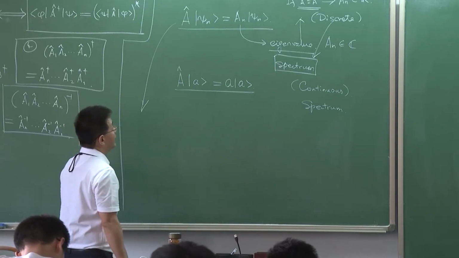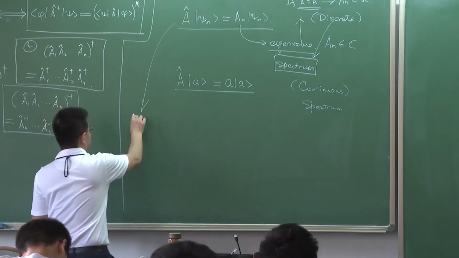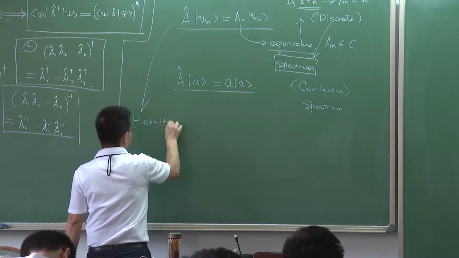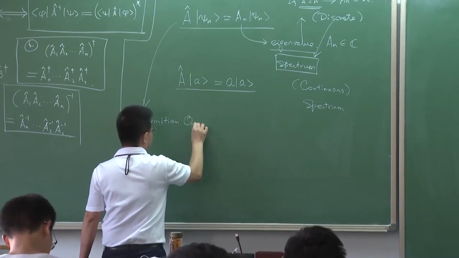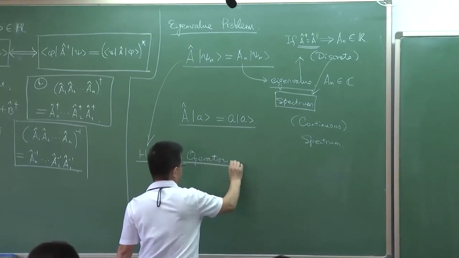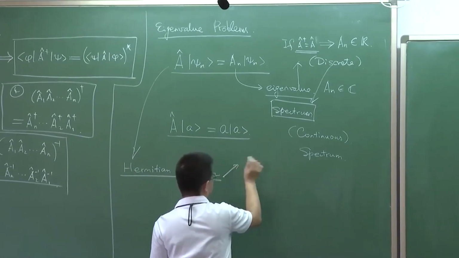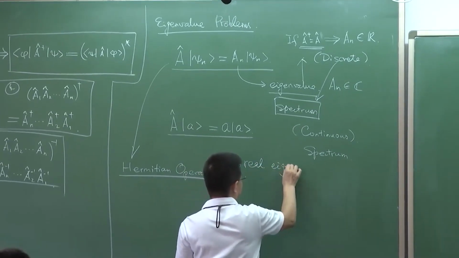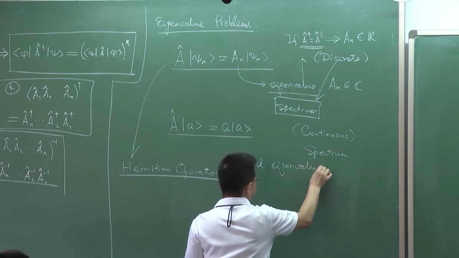If A is a Hermitian operator, we can have a real eigenvalue. That is one of the results.